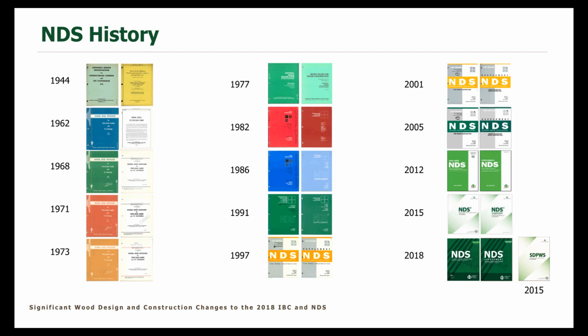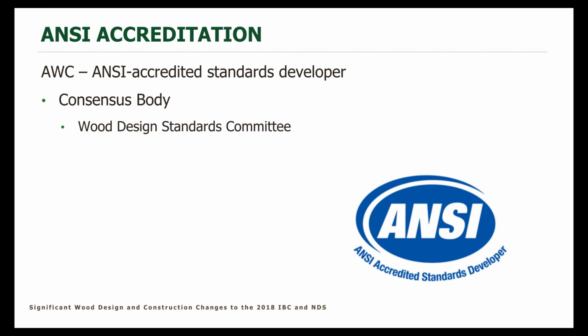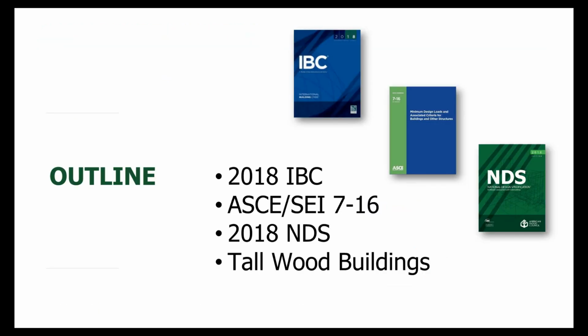American Wood Council is currently working on the 2021 Wind and Seismic Provisions. And this is all done through an ANSI accredited standards developer. So AWC is the ANSI accredited standards developer, and we do that through a consensus body, the Wood Design Standards Committee.